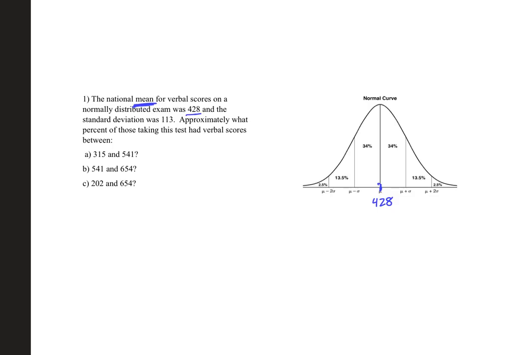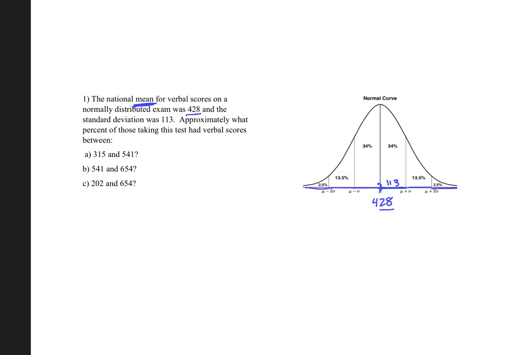And the standard deviation was 113. So that means the space between each box here is always 113. So 113 points will still fall in that 34% area. Each little box here, the same space, is 113 points.